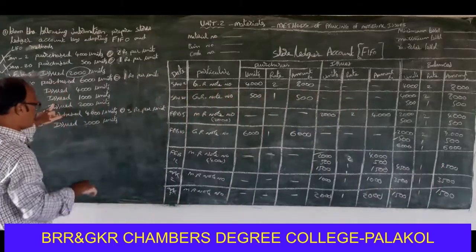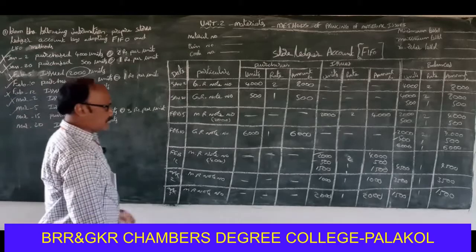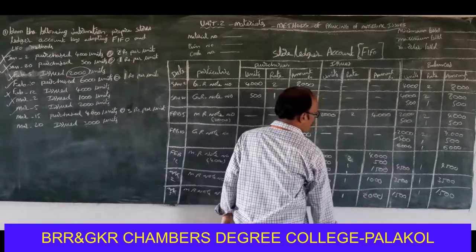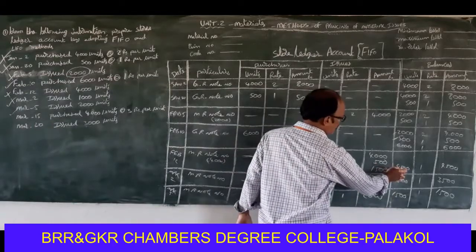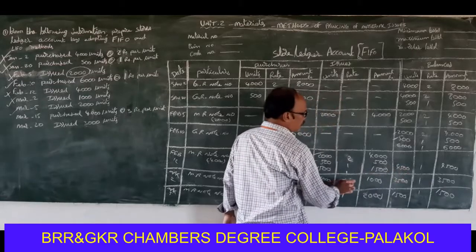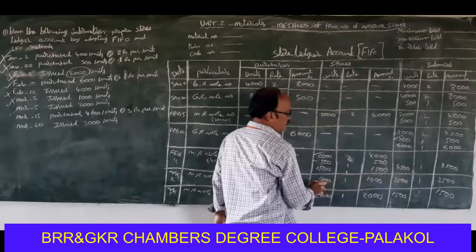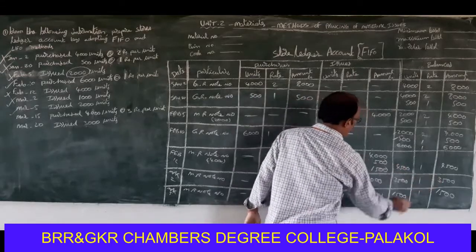March 2nd issued 1,000 units. There is no problem for that because only one material is there, at the rate of 1 rupee per unit. From this we issued the materials here. So 1,000 at the rate of 1 rupee per unit, 1,000. So the remaining 4,500 minus 1,000 is equal to 3,500 into 1, 3,500.